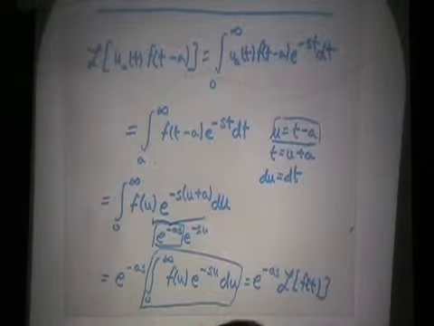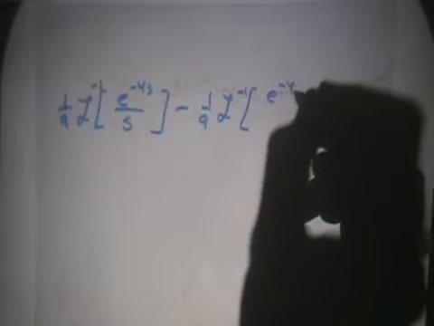In other words, for our example, taking into account the partial fractions, I'll just put the 1/9 out in front. 1/9 times the inverse Laplace transform of e to the negative 4s over s, and then subtract 1/9 times the inverse Laplace transform of e to the negative 4s over s plus 9.